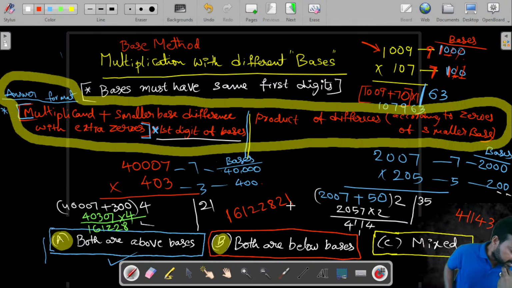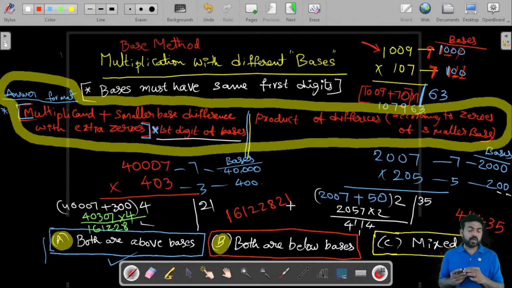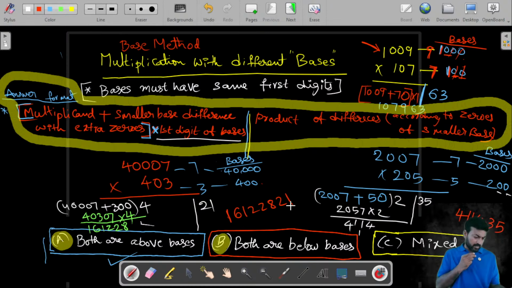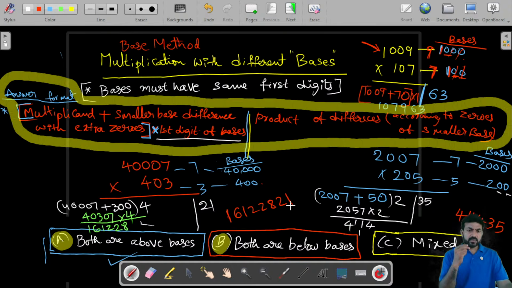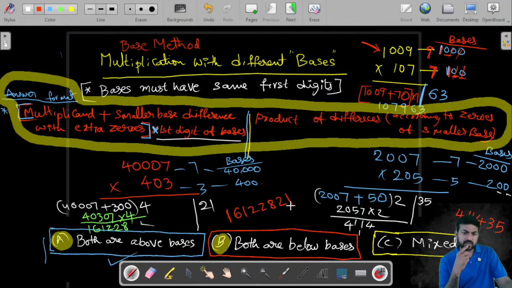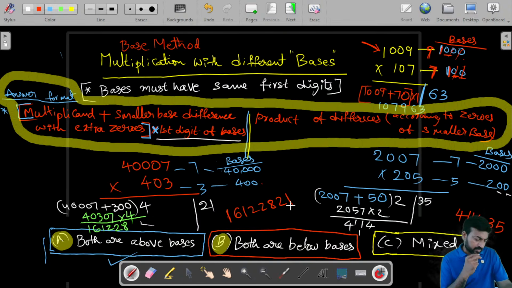Yes, Nishant got the correct answer. And 16014821. So where did you get that 0? Check your answer. 16122821 is the answer.